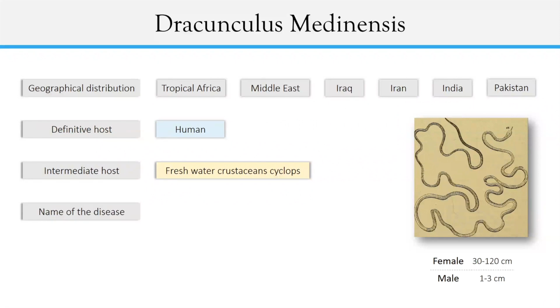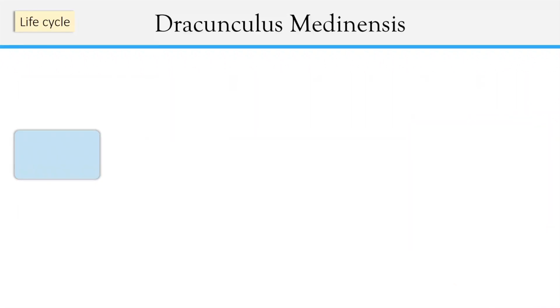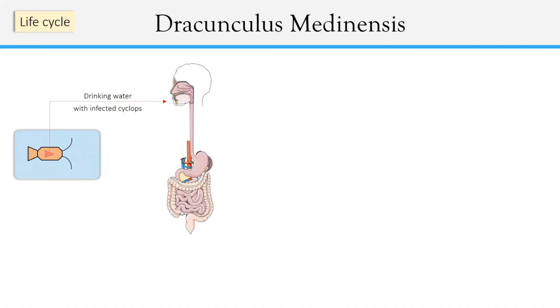The name of this disease is quite tricky. It is called Dracunculiasis. So let's imagine that this is water, and inside this water we see a cyclop with an immature form of Dracunculus medinensis. Infection occurs during drinking of water with infected cyclops.